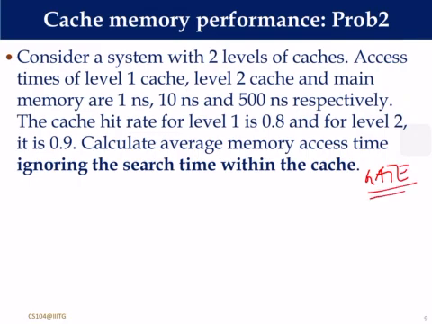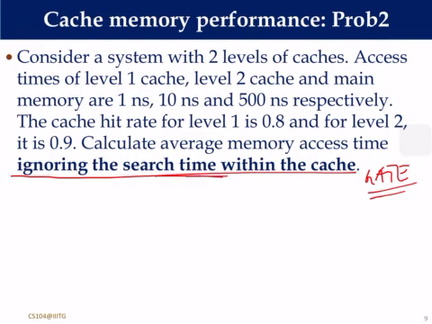The question happens to be the same, everything is the same except the last line. You're supposed to find the average memory access time ignoring the search time within the cache, right? So we are not supposed to think about the search time. We can ignore the search time.